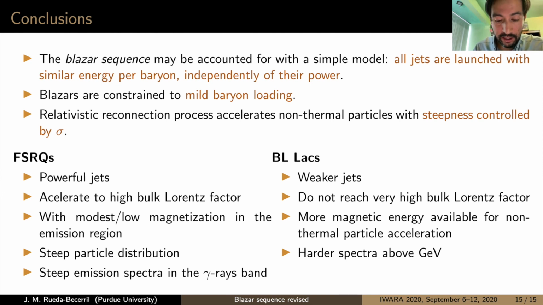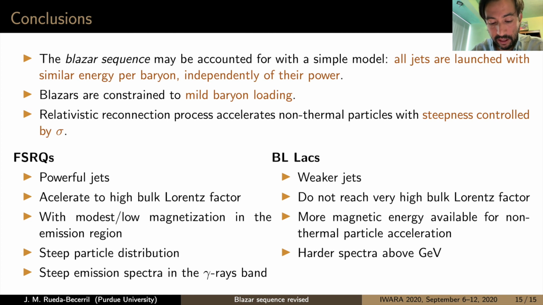And as a summary, FSRQs are powerful jets, while BL Lacs have weaker jets. FSRQs accelerate to high bulk Lorentz factor, but BL Lacs do not reach very high bulk Lorentz factors.